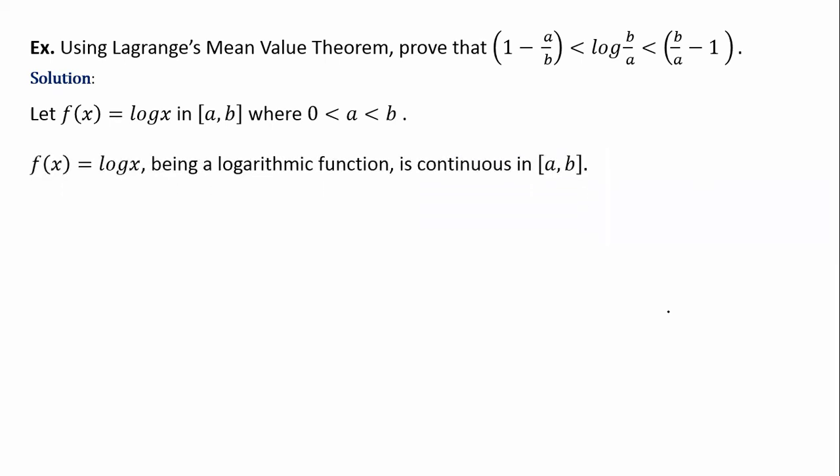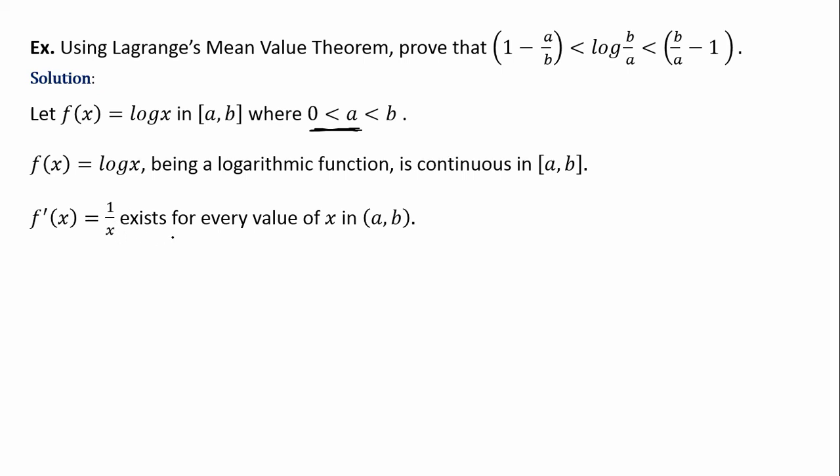Here f of x equals log x is a logarithmic function, and that is continuous in the closed interval a to b. f dash of x is 1 upon x, and that exists for every value of x in a to b. That is the reason we have said here 0 is strictly less than a. Otherwise, if we had said 0 less than or equal to a in the closed interval, then 1 upon 0 would have been infinity.